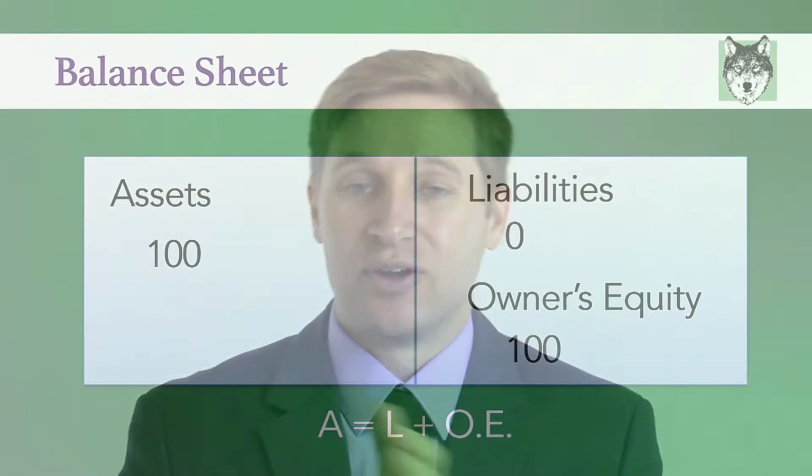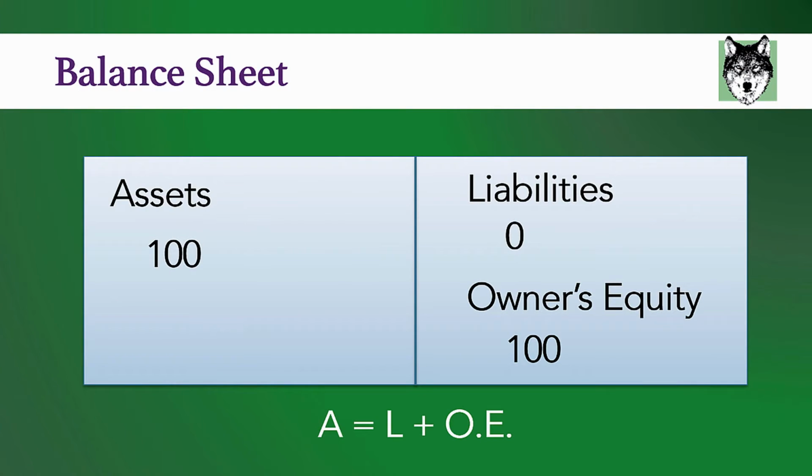Now, to illustrate this, I'm going to use a very simple example of a small business. So let's say an individual is setting up a small business and they use all of their own money. They're going to put so much money into a business, and that's going to be their total assets. They're going to have zero liabilities, and they're going to have 100% owner's equity.